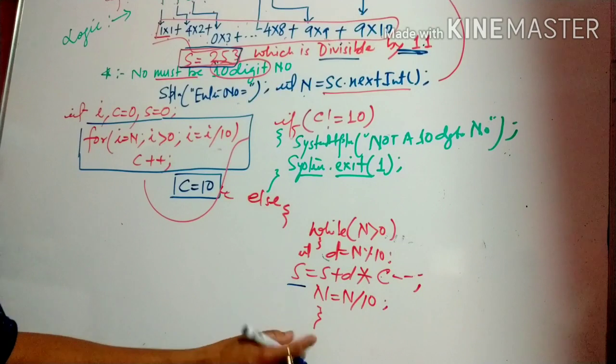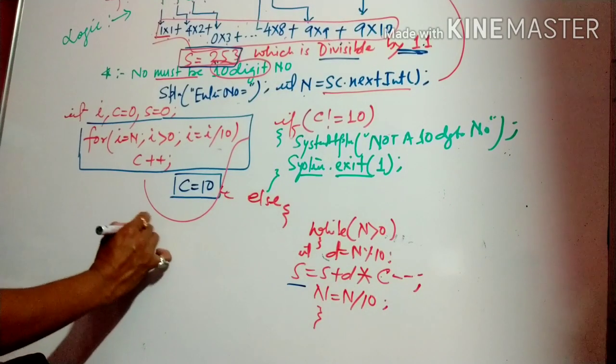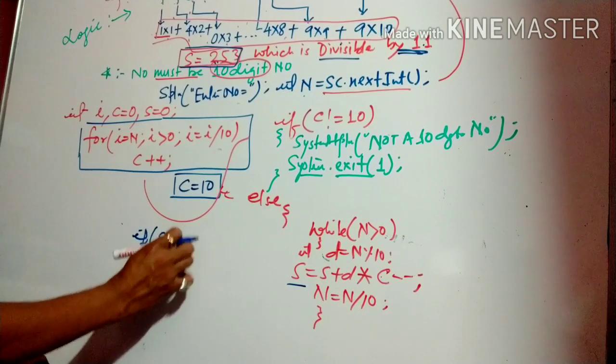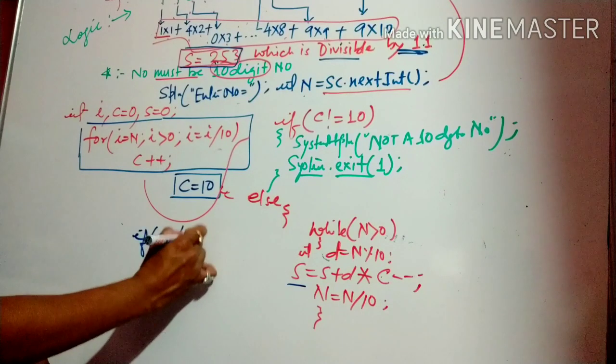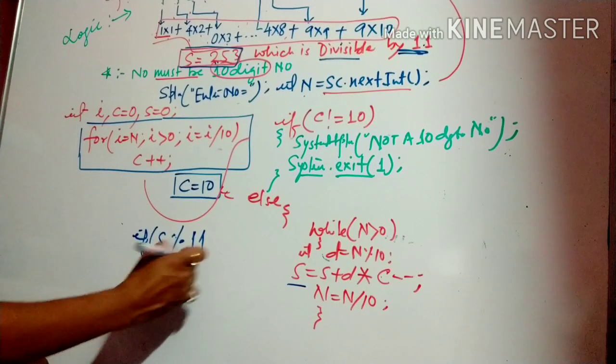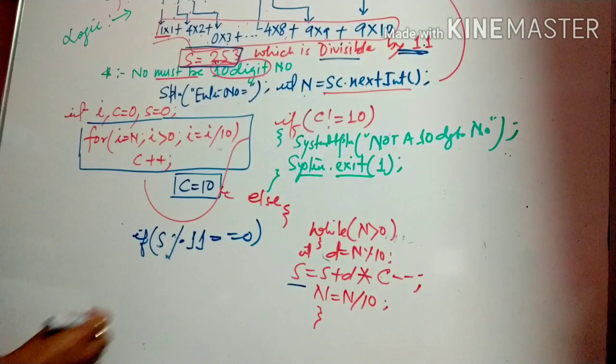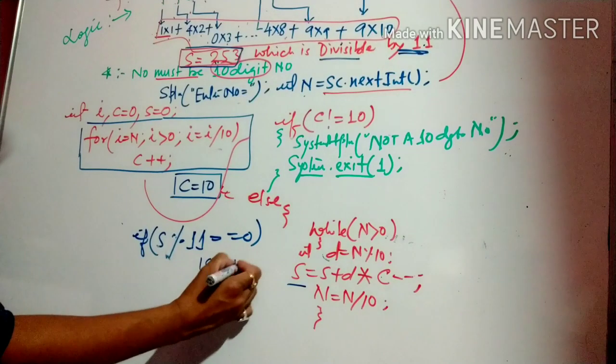store in S. After that, you write here if S is divisible by 11, if S modulus 11 is equal to 0, that is an ISBN number.